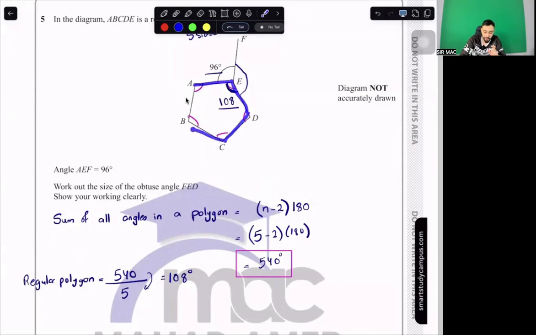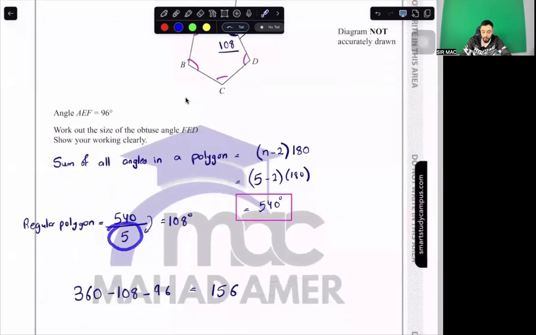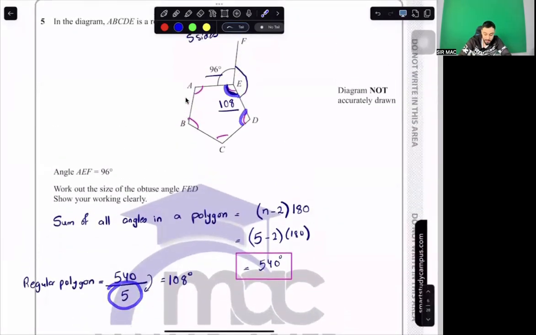Since there are 5 sides, I'm going to plug in 5 in place of n, and from there I would get the total sum of all the internal angles, which I got as 540 degrees. From that I divided by 5 because I don't need all the angles, I just need one of them.